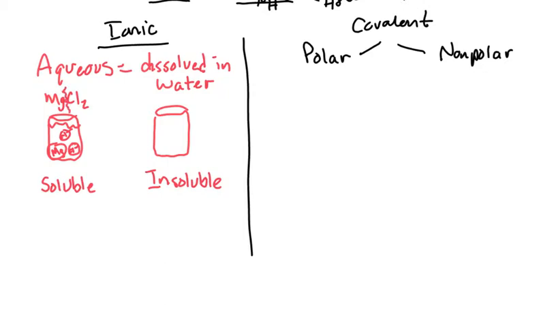So this Mg is going to come apart from each of the two Cl's, and the two Cl's are going to come apart from each other. And what you'll end up with is a bunch of ions floating around in your water. They're going to be dissolved by the water, and we'll talk specifically about how that happens in the second video.